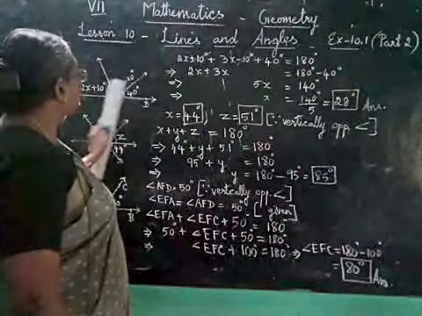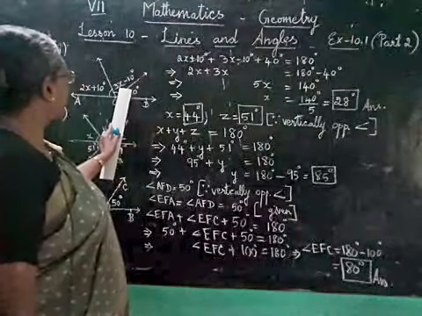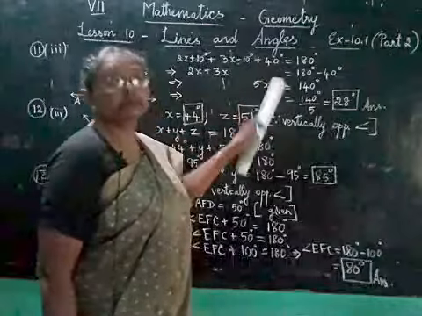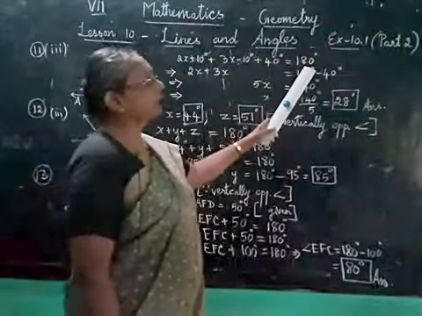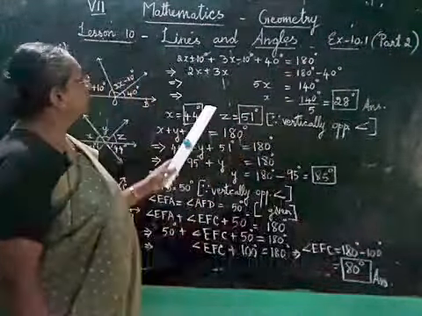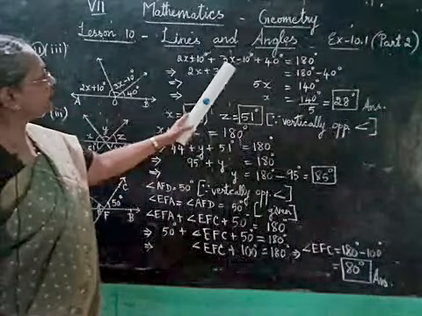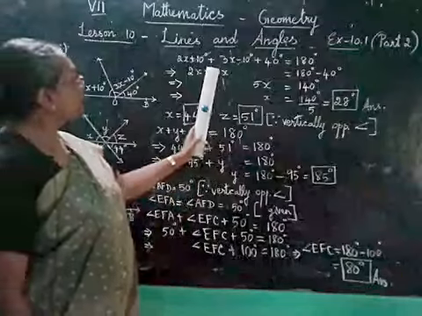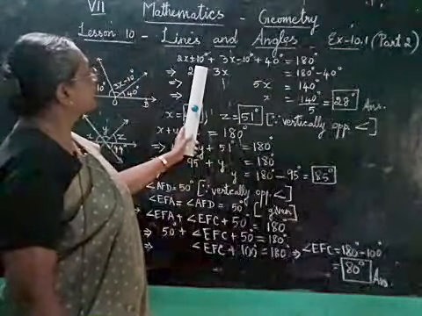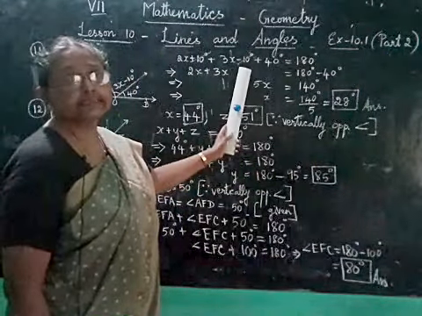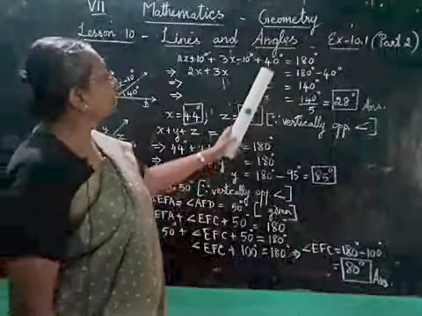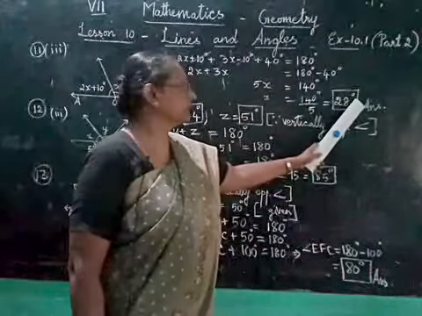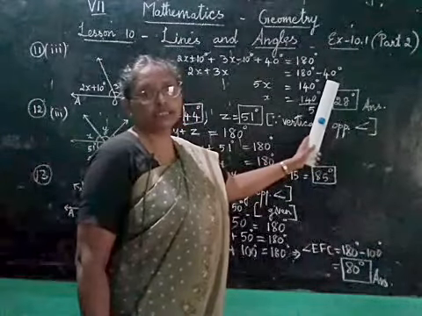So when we add 2x plus 10 degrees plus 3x minus 10 degrees plus 40 degrees is equal to 180 degrees. Then we can put x and x together, 2x plus 3x we can put together. When we come to the constant terms, plus 10 degrees and minus 10 degrees get cancelled and the remaining is only plus 40 degrees, which can be taken to the other side as minus 40 degrees.